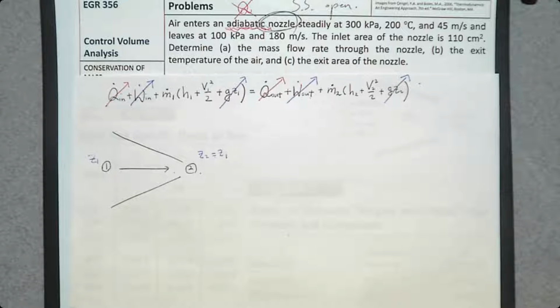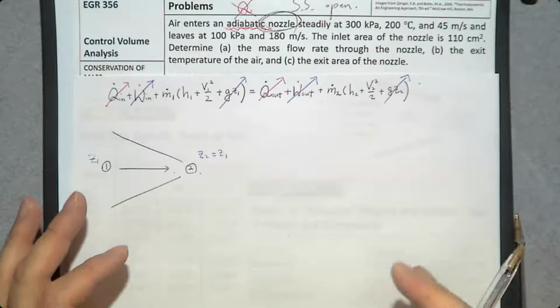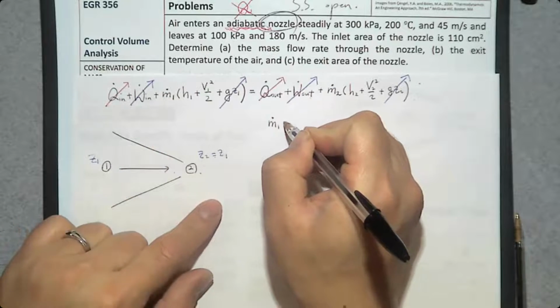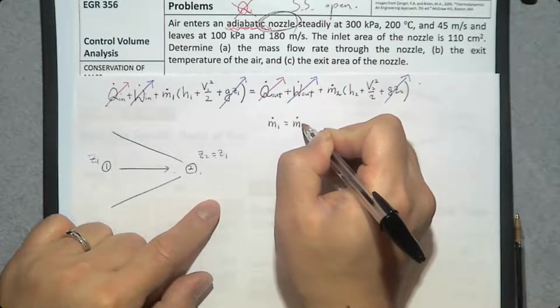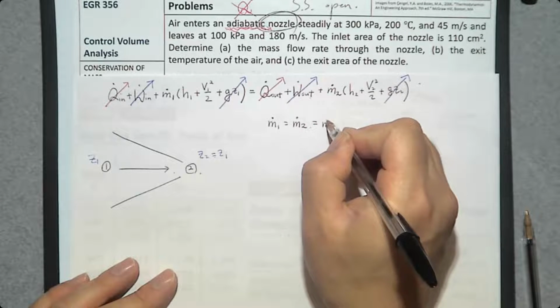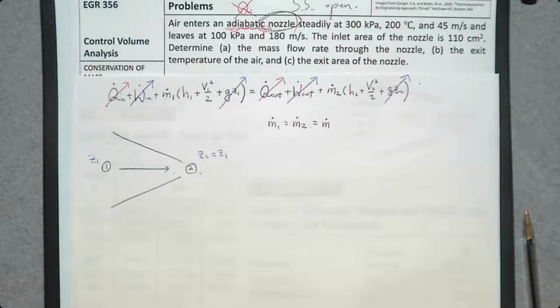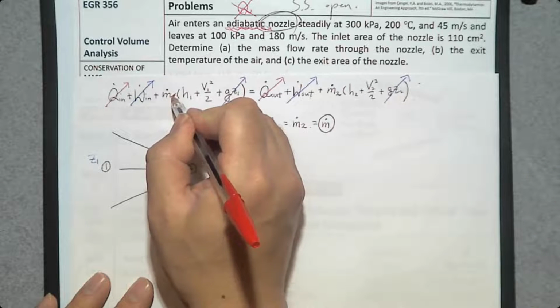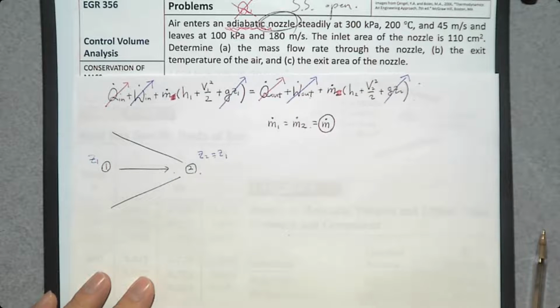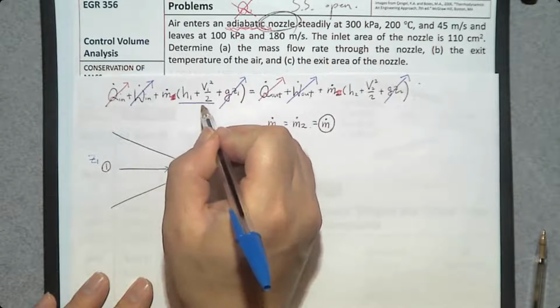And we only have one inlet and one exit. So the mass flow rate at the inlet should be the same as the mass flow rate at the exit. So we can just say M dot instead of M dot 1 or M dot 2. Then we can remove this subscript here. Then divide each side by M dot.